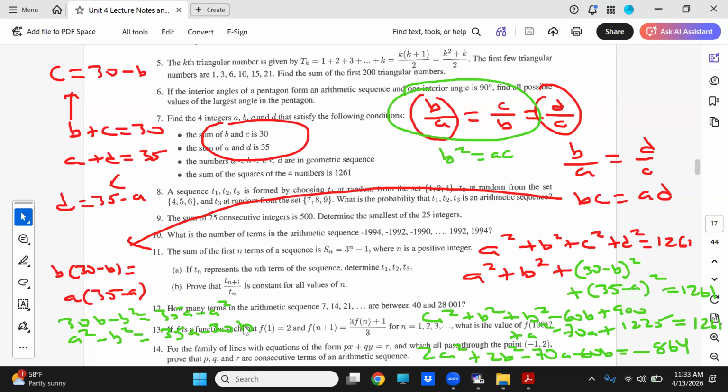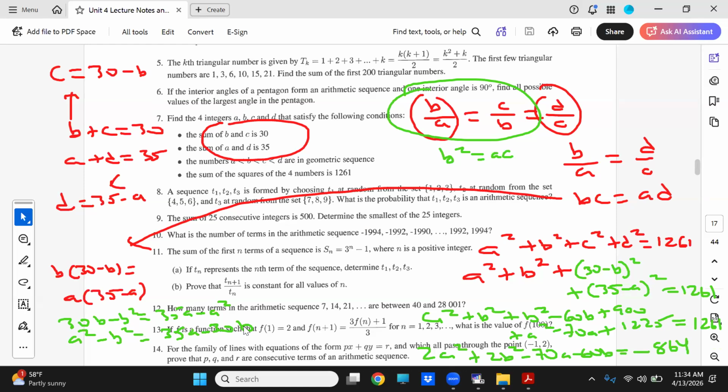A squared minus 35A minus 216 equals 0. What multiplies to 216 and adds to 35? 27 and 8. Does that work? No, hold on, it has to be negative.